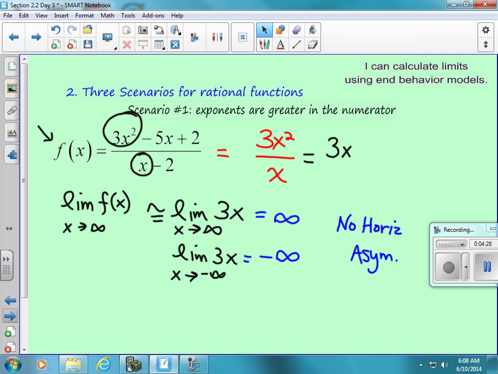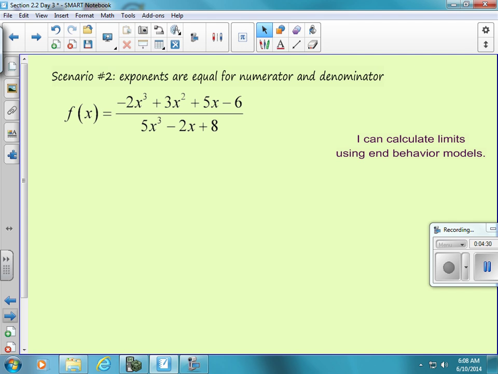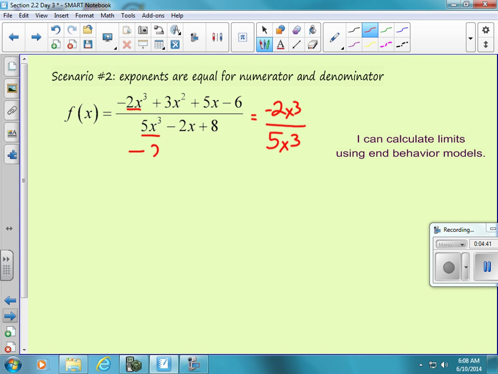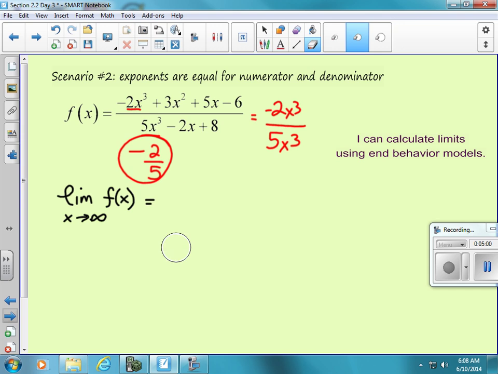Okay, so let's take a look at the 2 exponents being equal. We take the end behavior models for each one again. Negative 2x cubed over 5x cubed. And when we reduce that, our x cubes cancel out, and we're left with negative 2/5. So again, we can take the limit as x goes to infinity and estimate the value of that limit with our function by using the end behavior model.